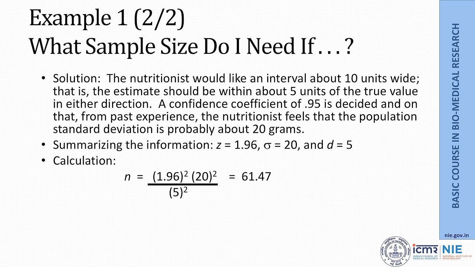Say the nutritionist feels that 10 units is what he is expecting, which means 10 units on the whole, so 5 units this side and 5 units that side. And the confidence coefficient of 95% is decided upon, and from his past experience, from the literature review, the nutritionist feels that the population standard deviation is probably about 20 grams.